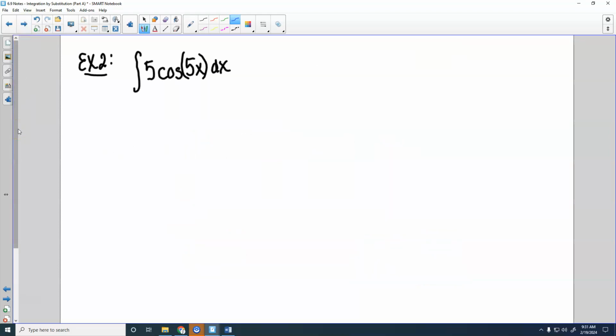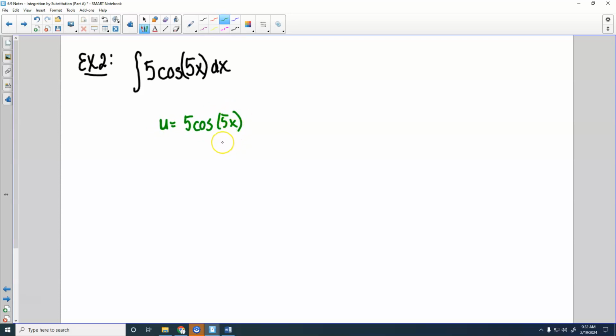All right, so let's look at example 2. We've got the integral of 5 cosine of 5x dx. All right, so what do you guys think may possibly be the u here? All right, let's go down this rabbit hole. If my u is the 5 cosine, it'd have to be of 5x, right?